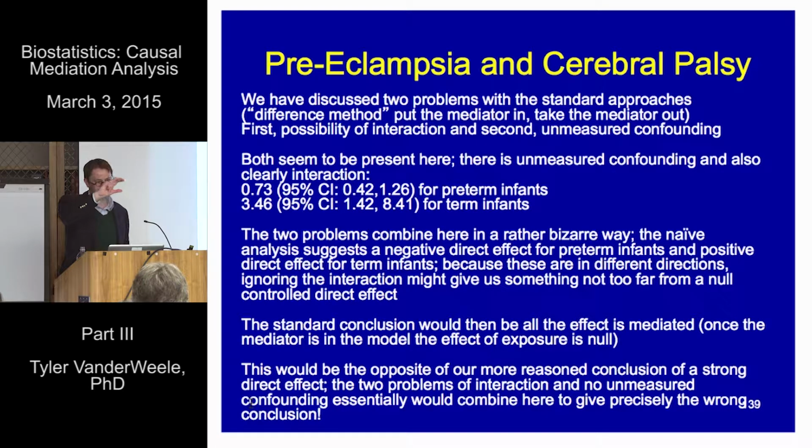Often the direct effect in the strata which constitutes the majority of the population, the term infants or the non-low birth weight, often the biases aren't too substantial there. But looking at that strata that has the event that needs explaining, preterm birth or low birth weight, that's where a lot of these strange, paradoxical associations I think often arise and need to be thought about carefully.